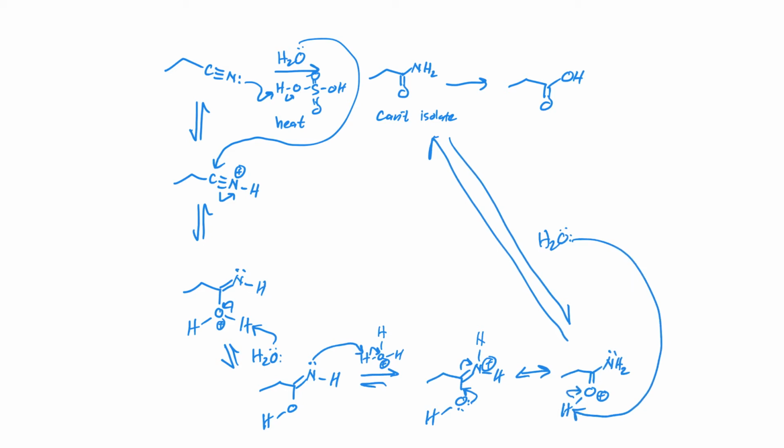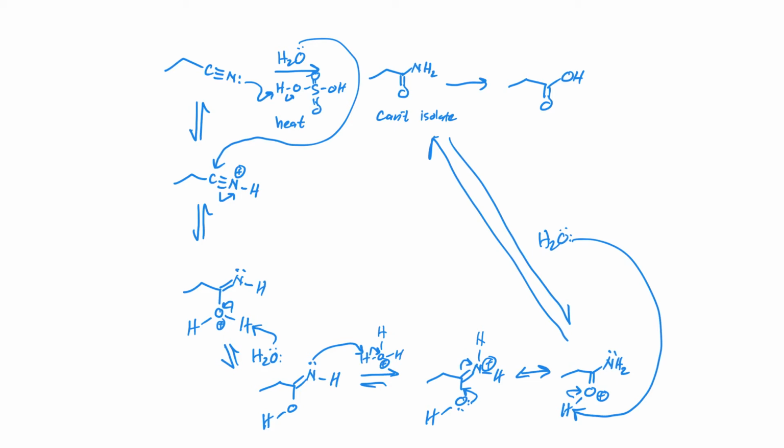And so we've made the amide, and you've seen the mechanism of acid and water and heat, the acid catalyzed hydrolysis of amides to carboxylic acid. So I don't need to finish that part of this mechanism. That has already been shown. But this is how we would hydrolyze a cyanide group all the way to a carboxylic acid.